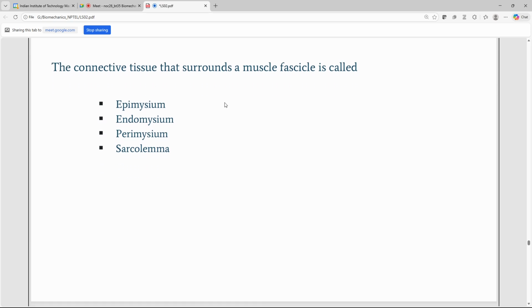Next question. The connective tissue that surrounds a muscle fascicle is called. Normally the bundle of muscle fibers is surrounded by one particular connective tissue, which is repeated. So what is the particular name for that connective tissue that surrounds a muscle fascicle? Is it epimysium, endomysium, perimysium, or sarcolemma?